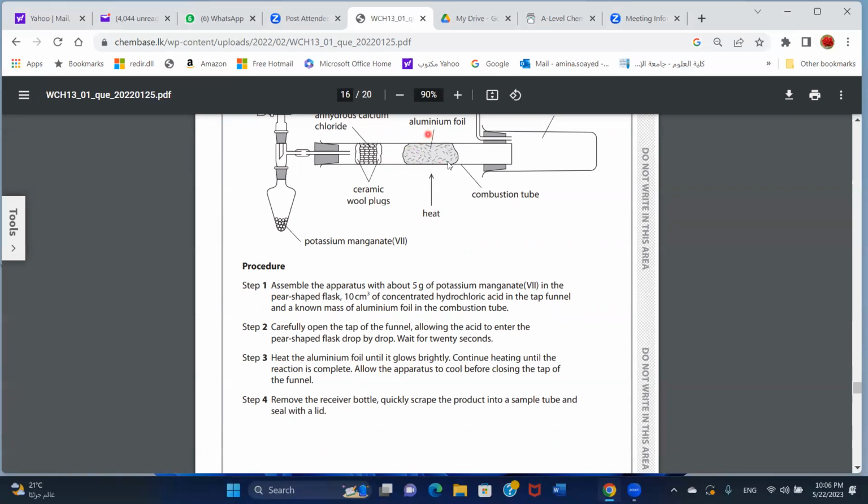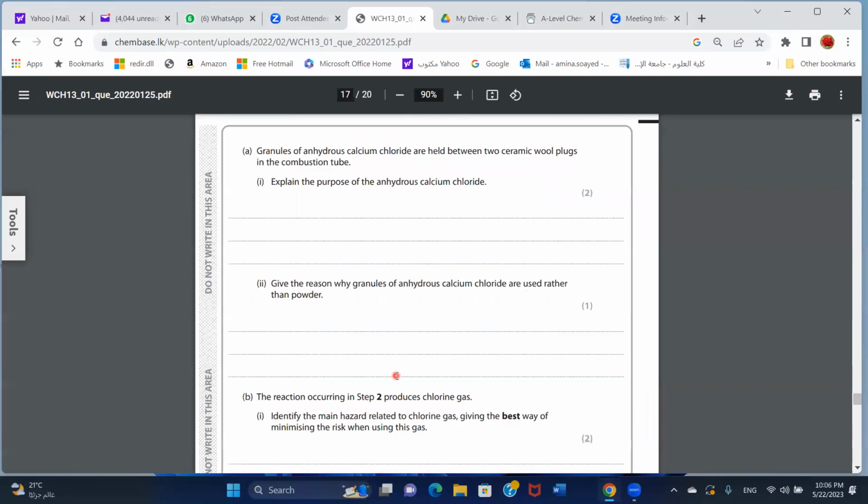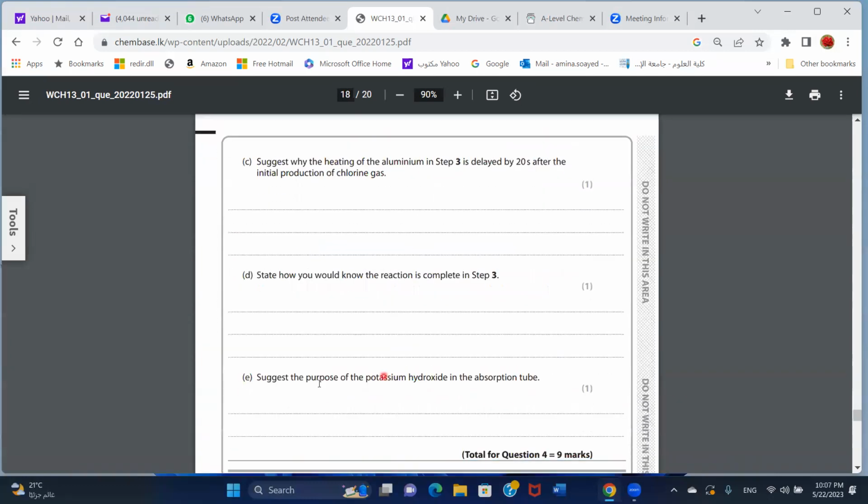So if all the aluminum foil stops glowing brightly, this means that the aluminum is finished. All of it reacted with the chlorine and formed the aluminum chloride. Okay. So how can we know that the reaction stopped? When the aluminum foil stops glowing brightly. This means that all of it reacted to form the aluminum chloride solid.